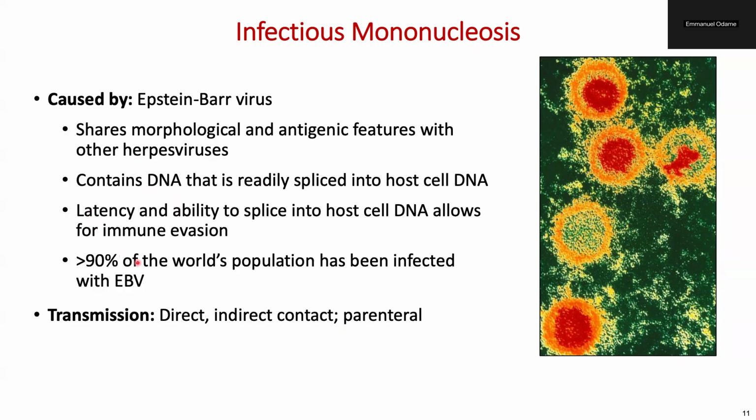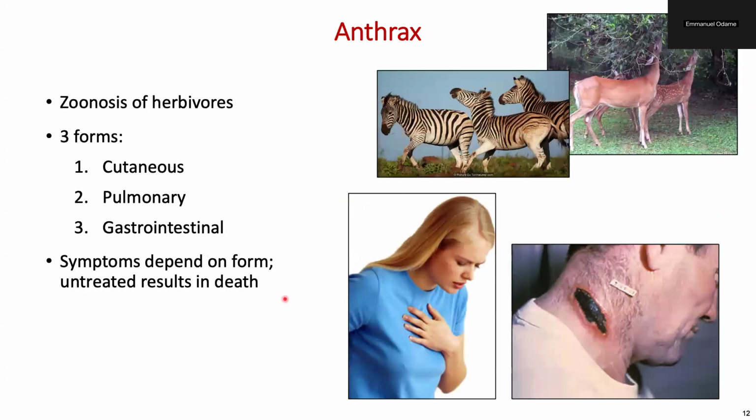It has latency and the ability to splice into your host DNA, which allows for immune evasion. So even if you clear the virus itself, the DNA is still present in your body. The mode of transmission is direct and indirect contact, and also parental transmission.